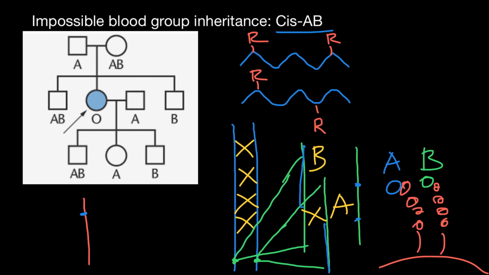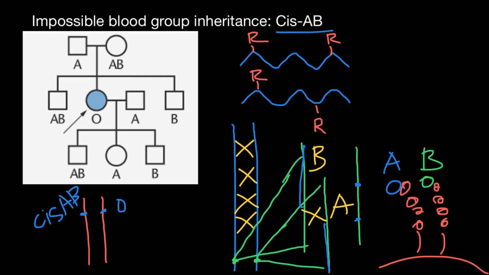So let's say this person inherited from one of the parents such a Cis AB allele, and the other homologous chromosome inherited from the other parent in the same locus has O allele.